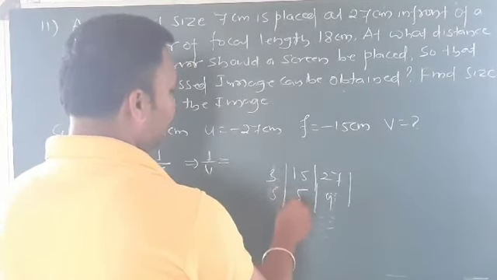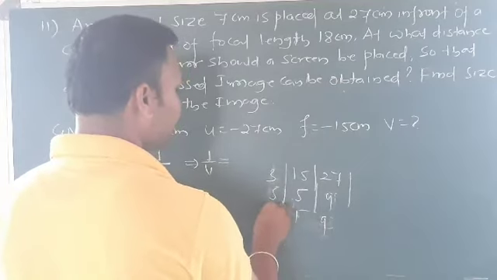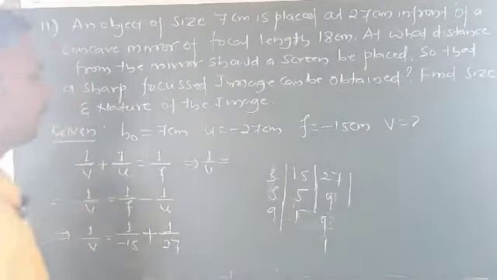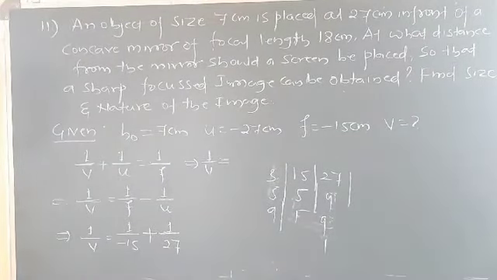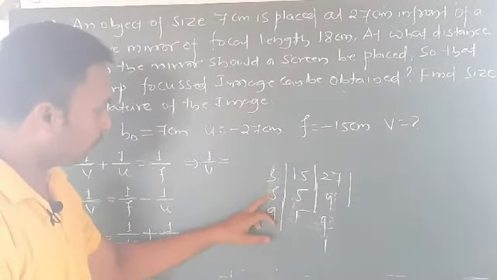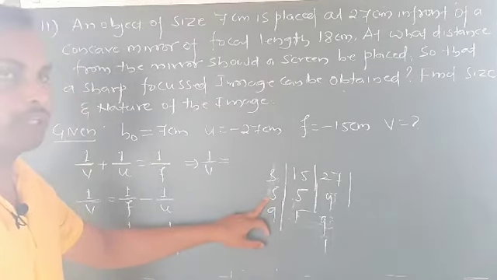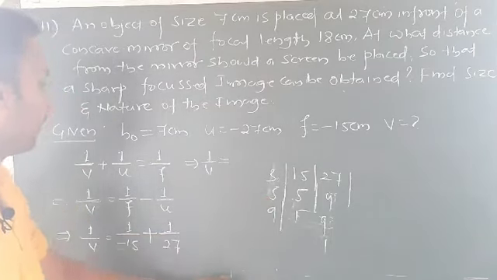Now we have 5 and 9 remaining. 3 into 5 is 15, and 15 into 9 gives 135.